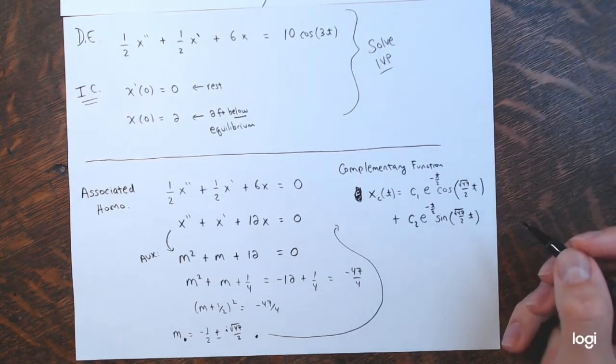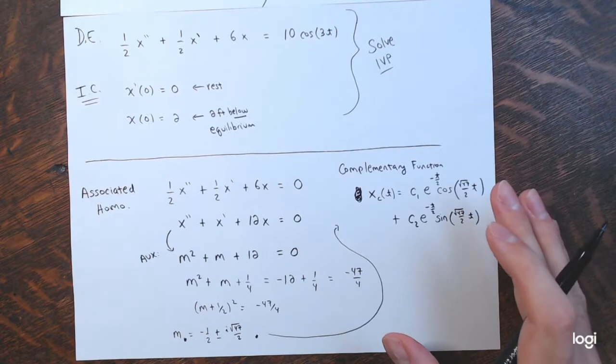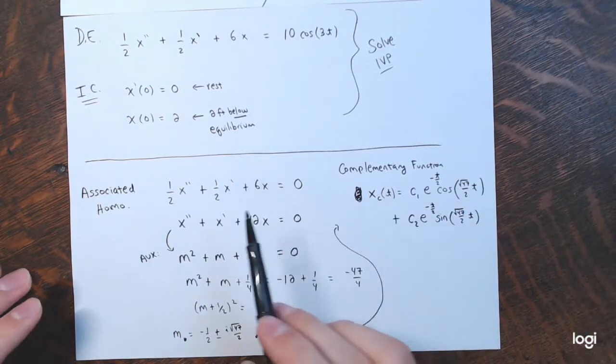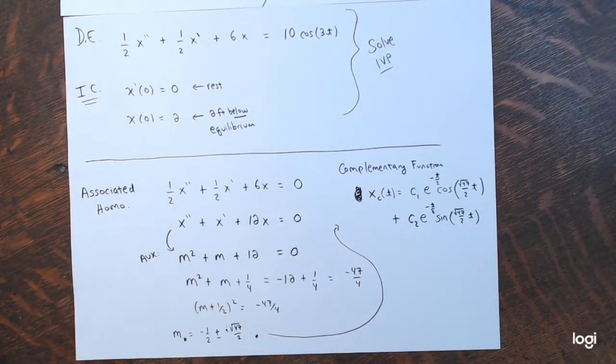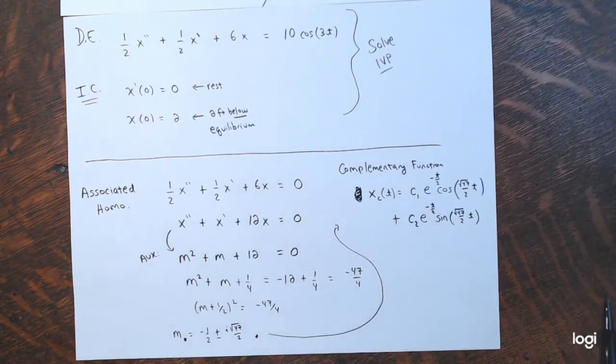So that's what the solution of the homogeneous version looks like. Now if you go back to the non-homogeneous equation, we can use annihilators.